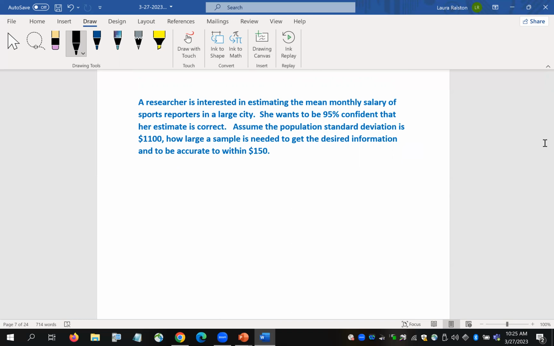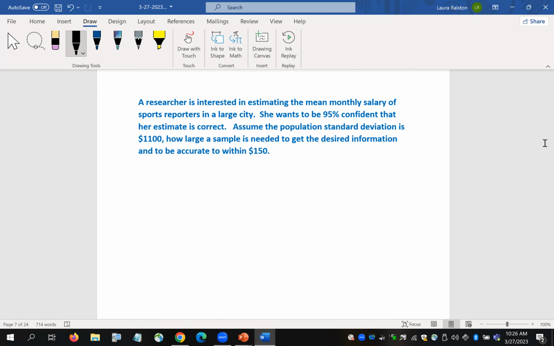It says a researcher is interested in estimating the mean monthly salary of sports reporters in a large city. She wants to be 95% confident that her estimate is correct. Assume the population standard deviation is 1100. How large a sample is needed to get the desired information and to be accurate within $150.